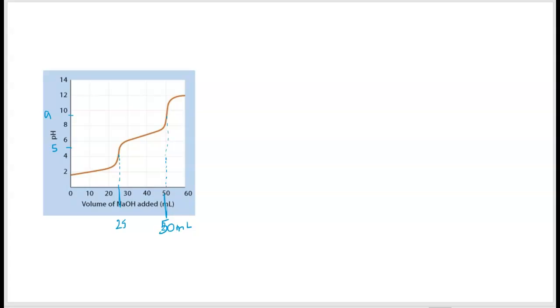The reason I believe this is a titration of a diprotic acid is that to reach the first equivalence point requires 25 milliliters, and an additional 25 milliliters are required to reach the second equivalence point.